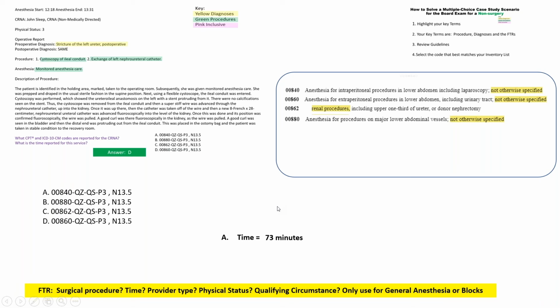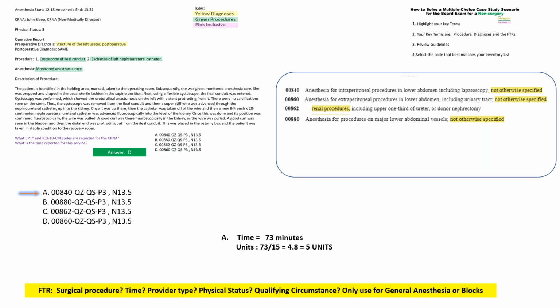And what will be the anesthesia unit? This time you're not going to mess with this. We'll divide 73 by 15, and that will be 4.8, which we will round this time to 5 units.